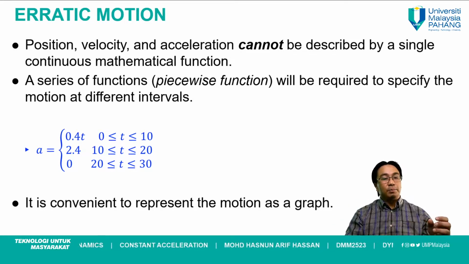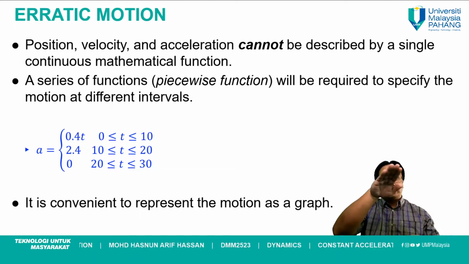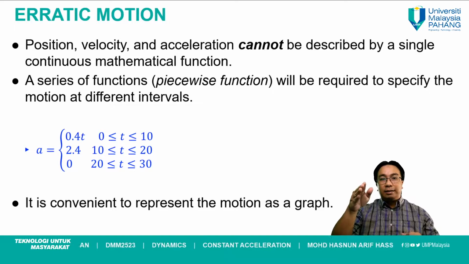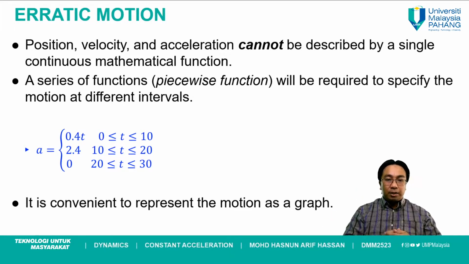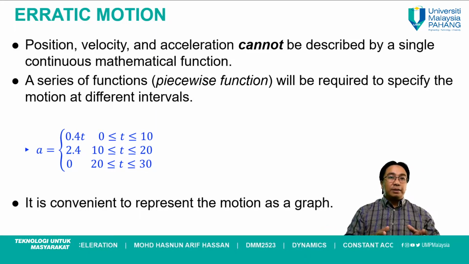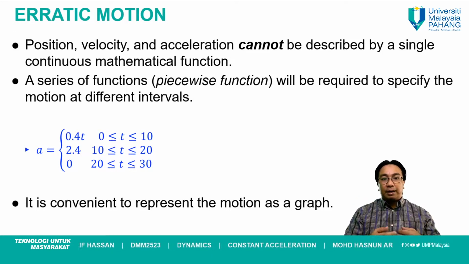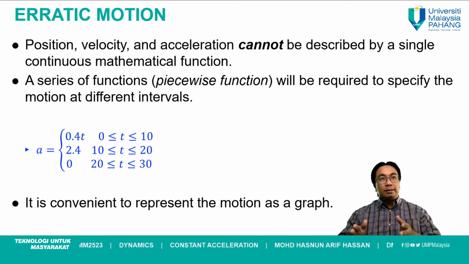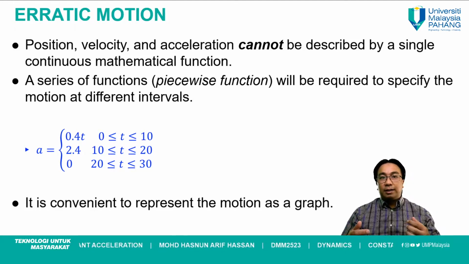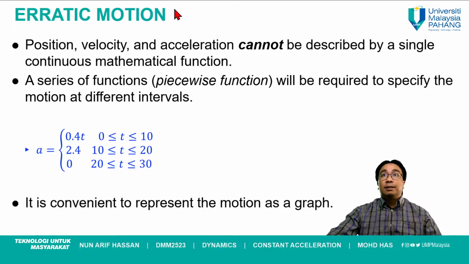The train first moves with an acceleration, then it has constant velocity, for example acceleration equals 0, and then it decelerates, it brakes, and then it stops at station B. So this is an example of erratic motion, where the movement from one point to another is not the same throughout A to B, but has changes. This is what is known as erratic motion.